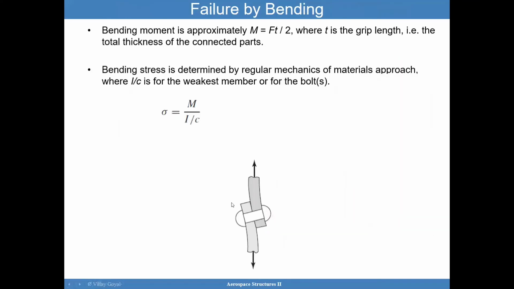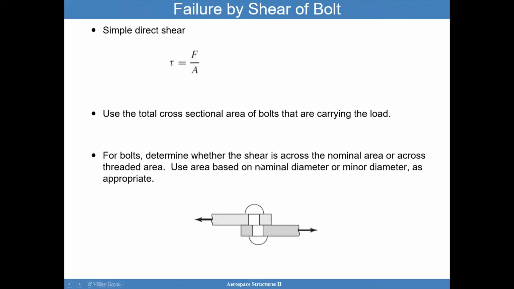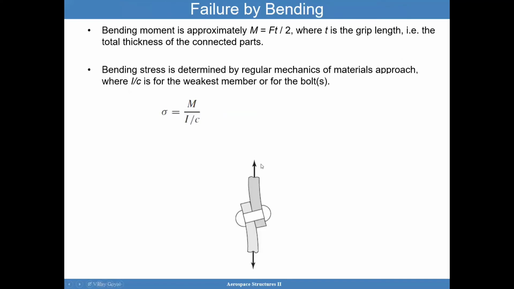The failure by bending can be approximated by determining the forces applied to this single lap joint, and then we can multiply that by the thickness. The force times the thickness, the grip length, divided by 2. And typically the grip length t is the total thickness of the connected parts.